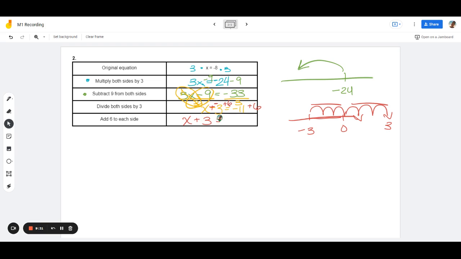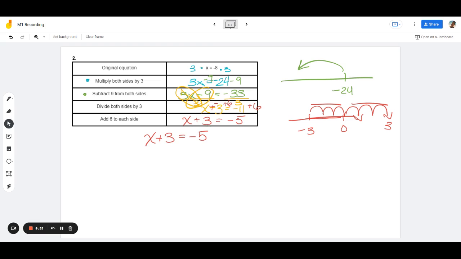And then you can just use a calculator if you want to for your negative numbers, or you can just try to imagine your number line. If you start at negative 11 on your number line and you go to the right 6, you end up at negative 5. Okay, so now we are ending with the equation that we would normally start with, and we need to work backwards. We need to do our inverse operation.